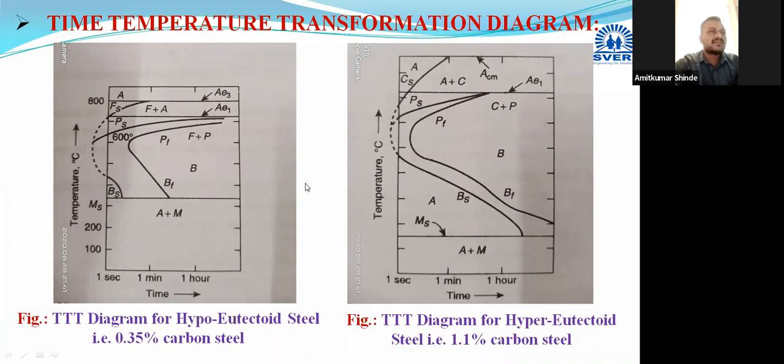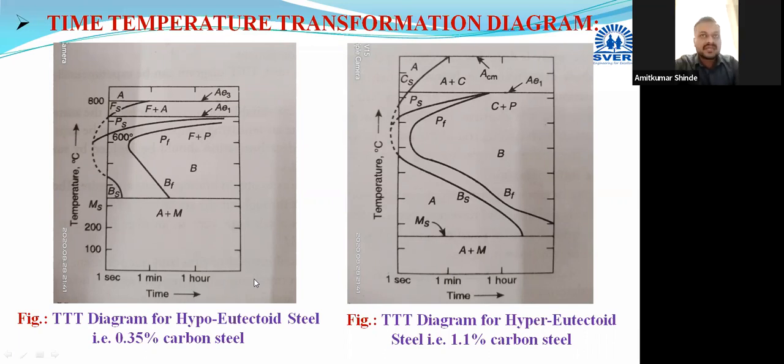Now, what changes are there? When the carbon percentage is less than the eutectoid composition, or more than the eutectoid composition, the IT curve shifts closer to the temperature axis in both cases.